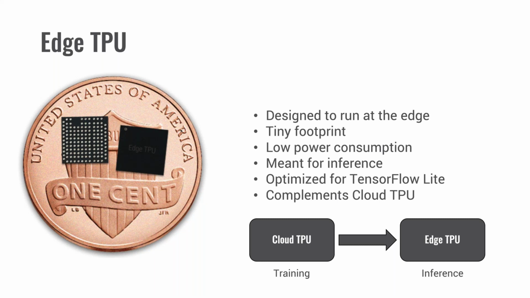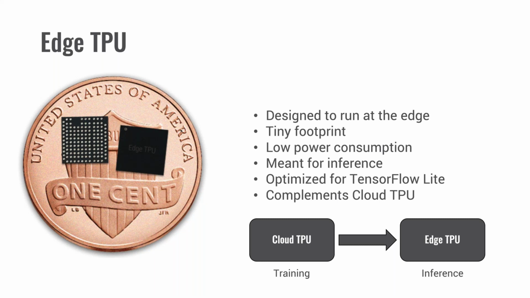So Google has extended TF Lite to Edge TPU, and you can pass the model through one more layer of optimization to come out with a very, very small footprint, but very, very accurate when it comes to predictions. It obviously complements Cloud TPU. So Cloud TPU is used for training, and Edge TPU is meant for inferencing.